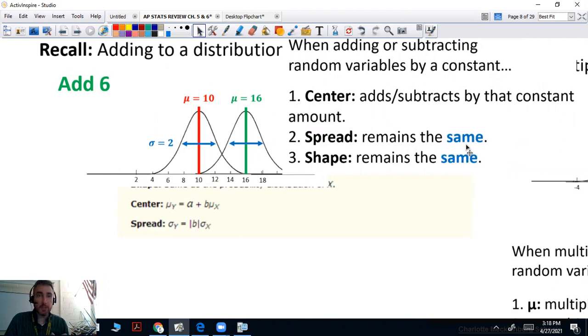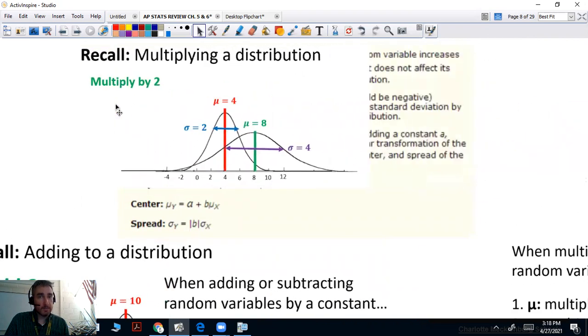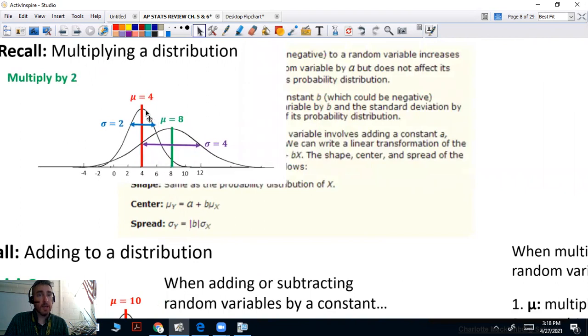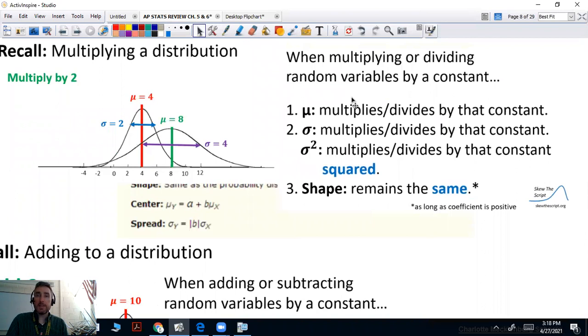The spread remains the same, the shape remains the same. When you're multiplying, that not only affects the location, so 4 times 2 is 8, but it also affects the spread. So the standard deviation would be doubled in this case to 4. So it multiplies the standard deviation by that constant. If you have the variance, which is the standard deviation squared, it multiplies that by the squared constant, and the shape remains the same.